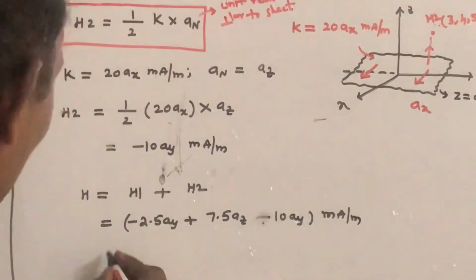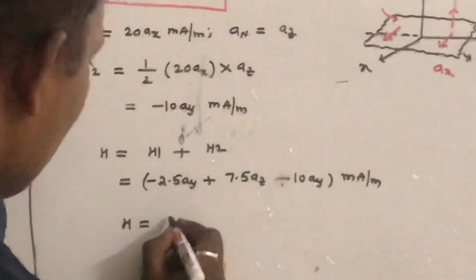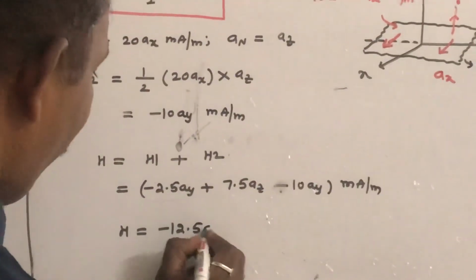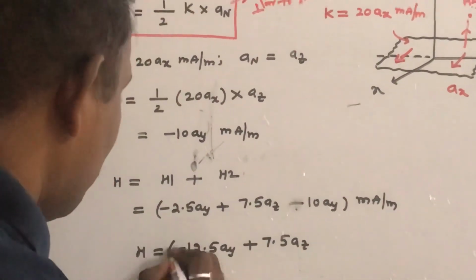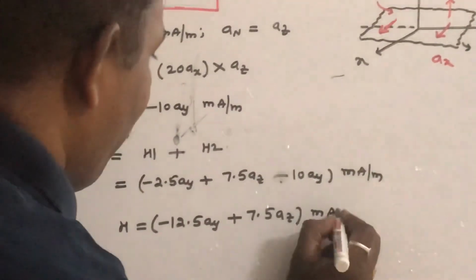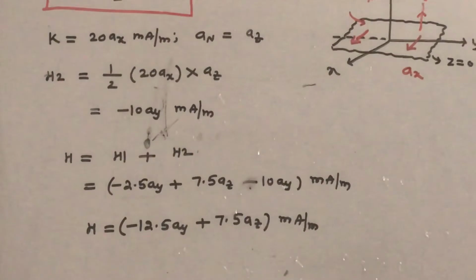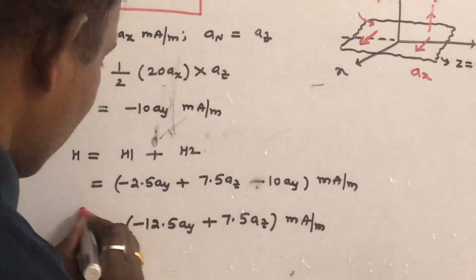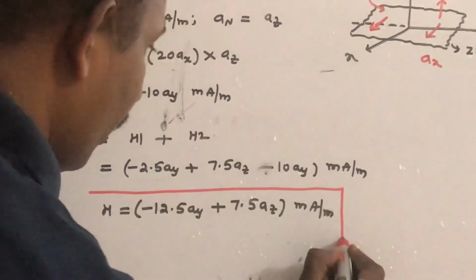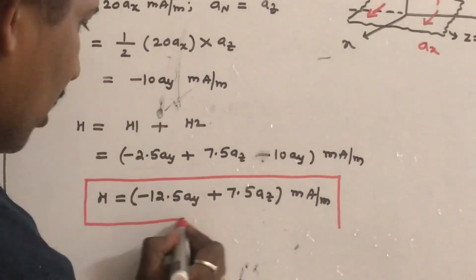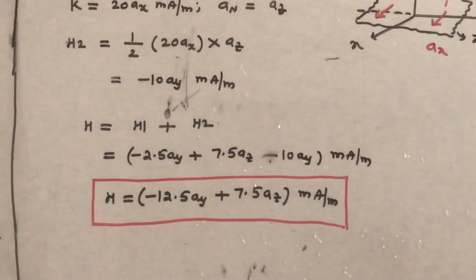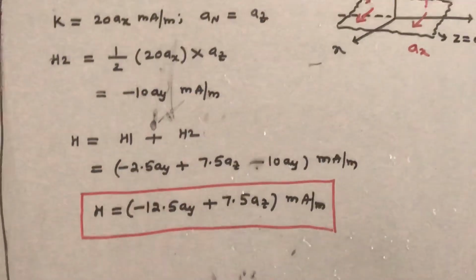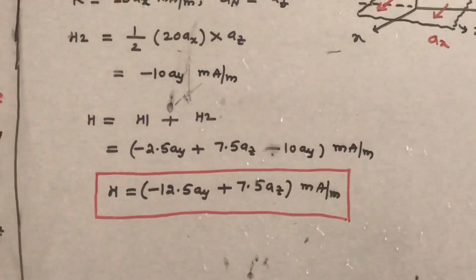If you add these, H will come out as minus 12.5 AY plus 7.5 AZ milliampere per meter. So this is the answer for this very simple question. We just have to remember the magnetic field intensity formulas for an infinite long conductor and an infinite sheet conductor.